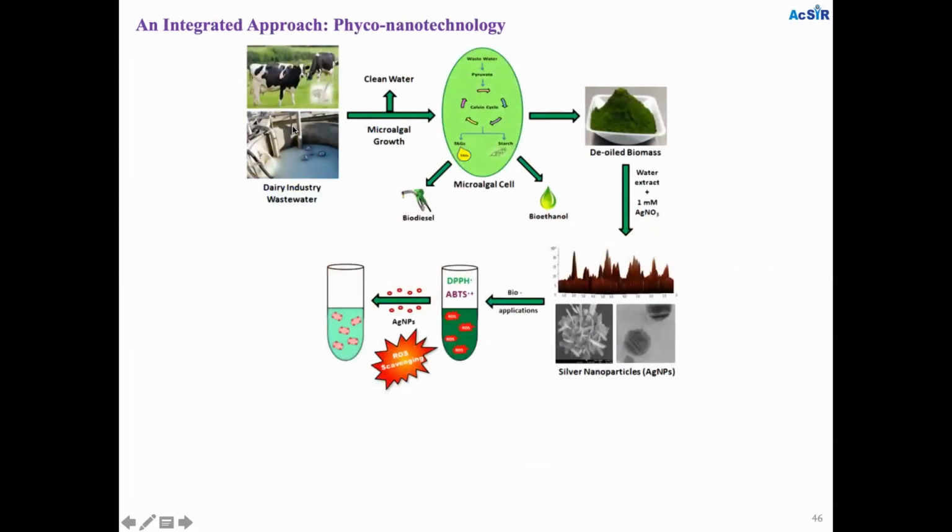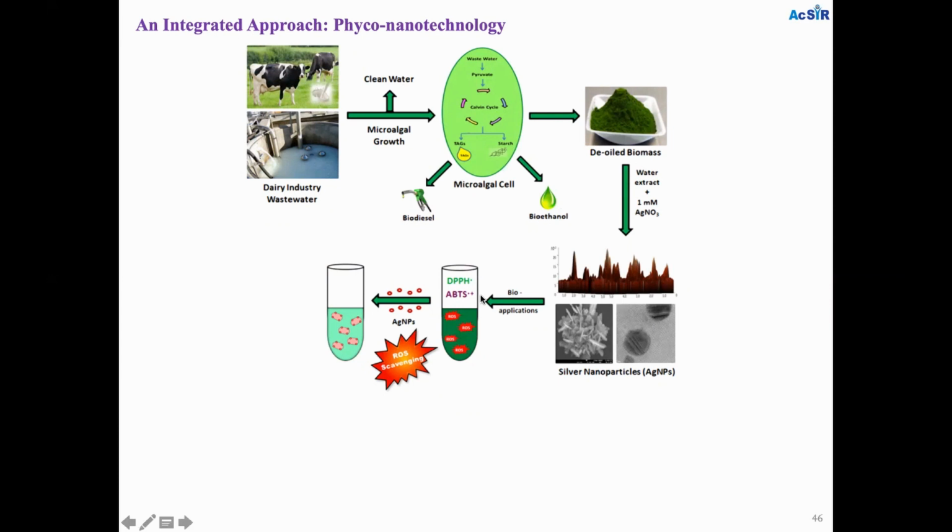So altogether, this demonstrates an integrated approach of phyco-nanotechnology. First, we collected dairy industry wastewater, and then we grew the microalgae in that water. After utilizing it for biofuel potential, the remaining biomass after the extraction of lipid, we then utilized for the synthesis of silver nanoparticles.